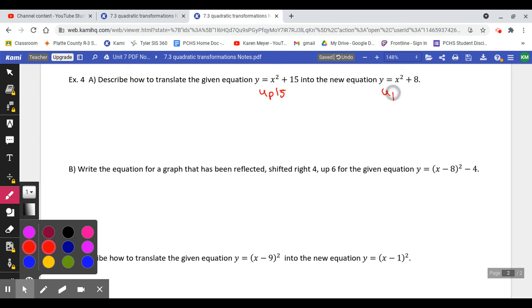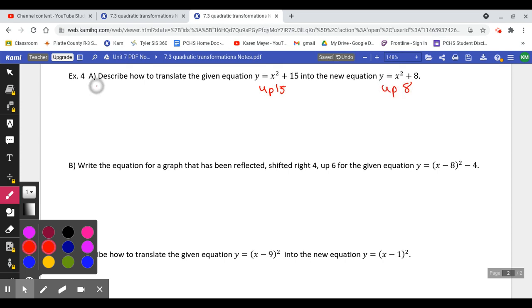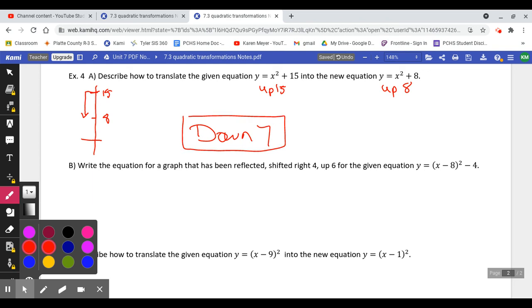My new equation means up 8. So I'm talking about the y-axis here, up 15, up 8. So how do I get from up 15 to up 8? Well, I have to go down. And then if you count the spaces, it should be 7.